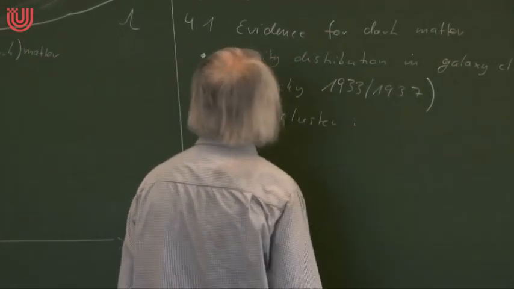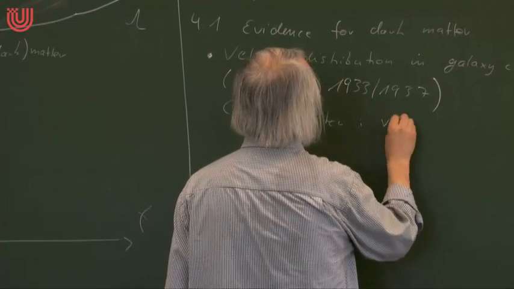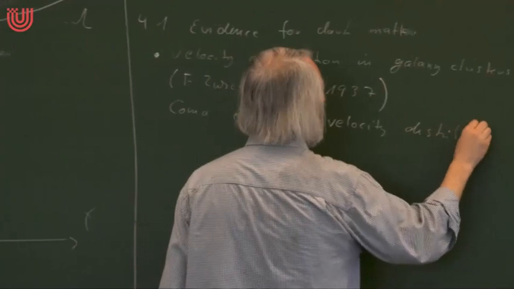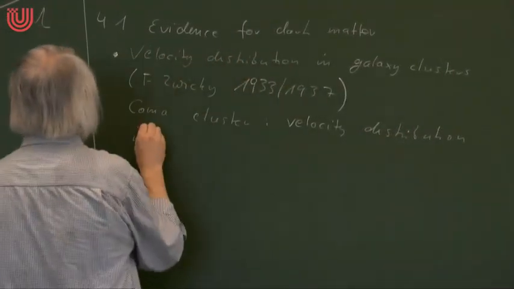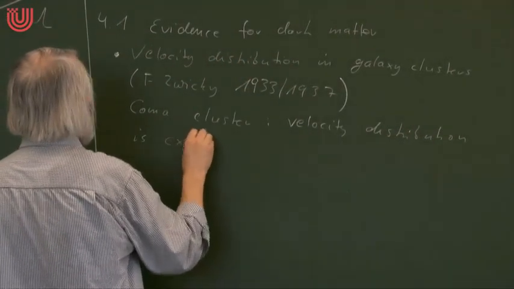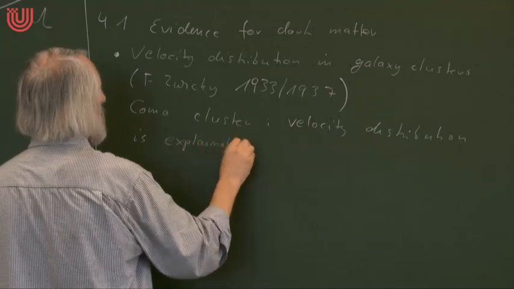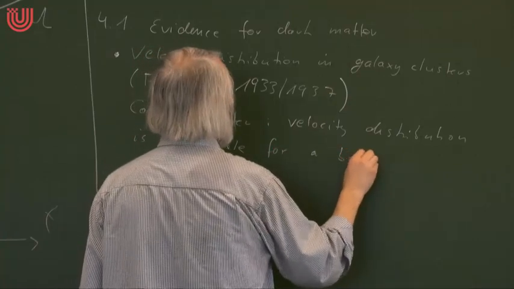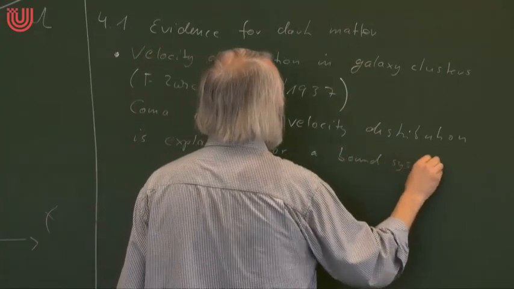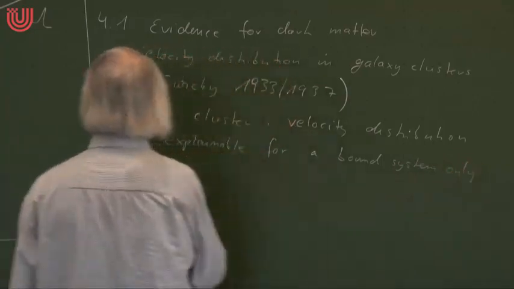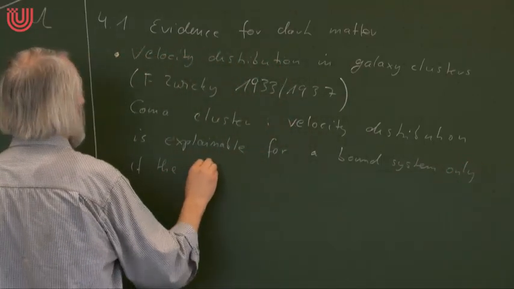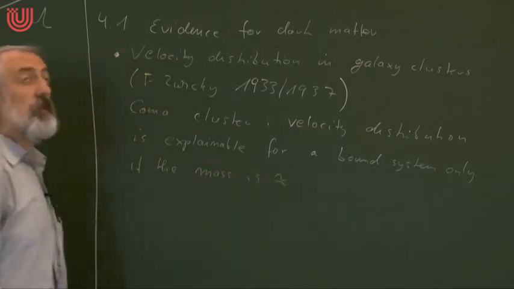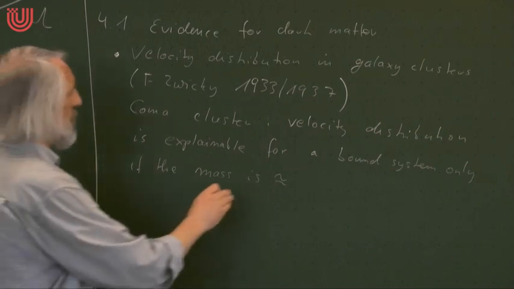So what he observed was that the velocity distribution is explainable for a gravitationally bound system only if the mass is, as he said, about 500 times. Let me write it in a different way.